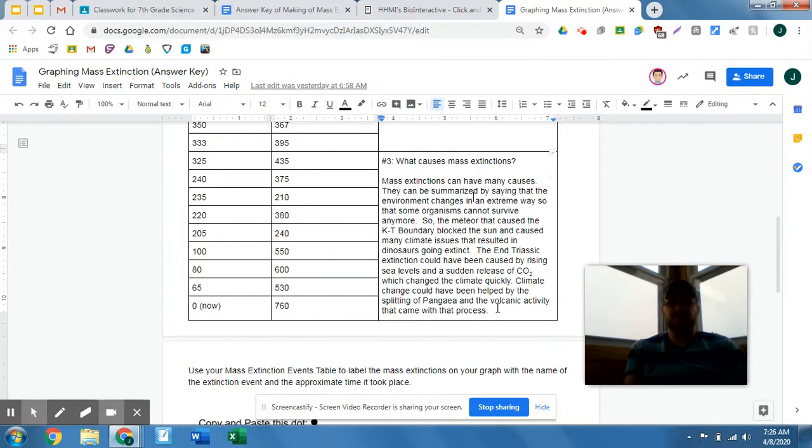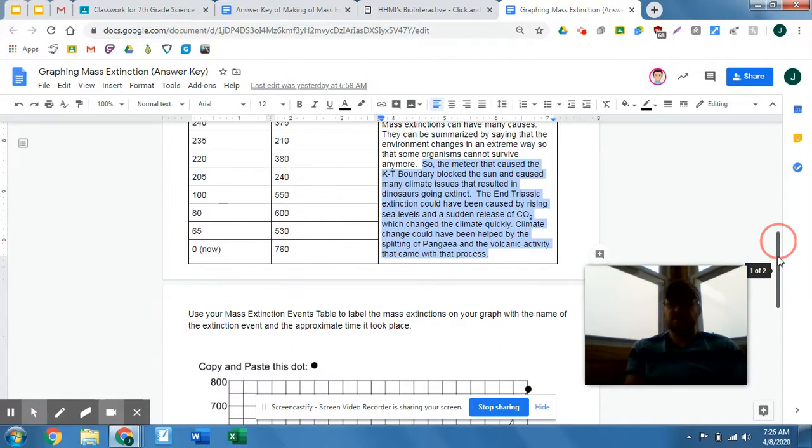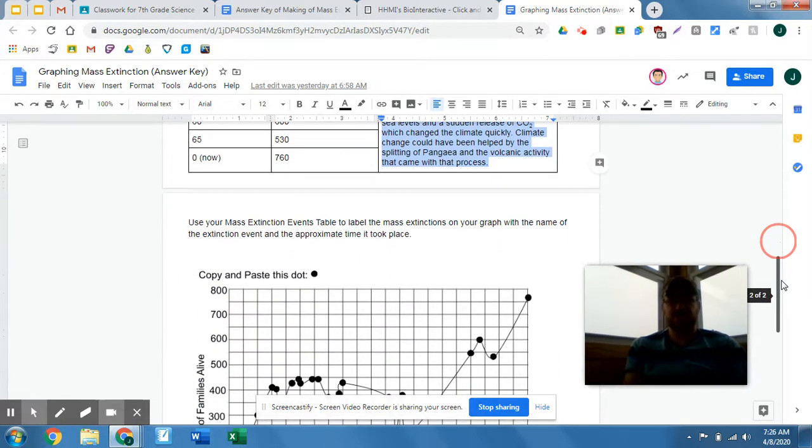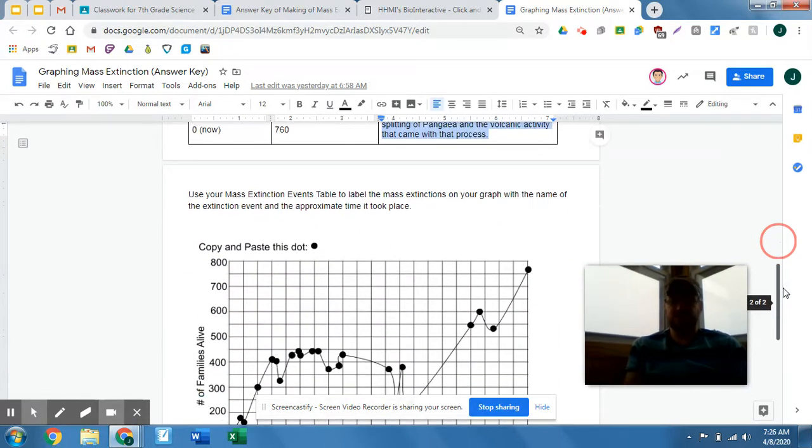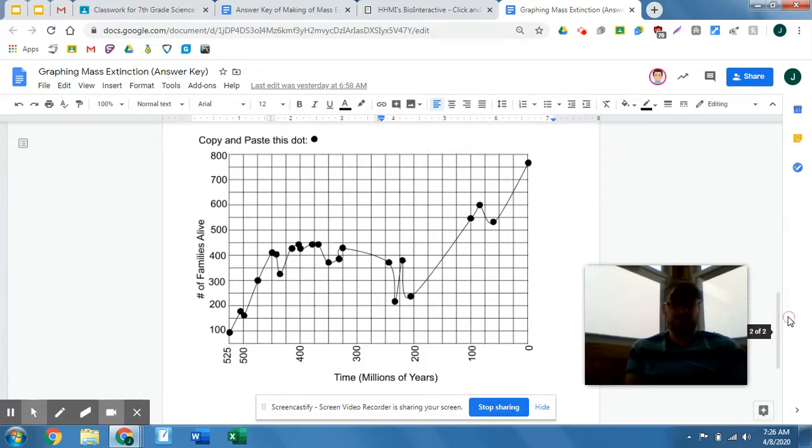And you could have listed specific things, but I kind of like the summary, which is some type of climate change happens, and it happens in a way that living things can't handle it and they die off. It's too quick for them.